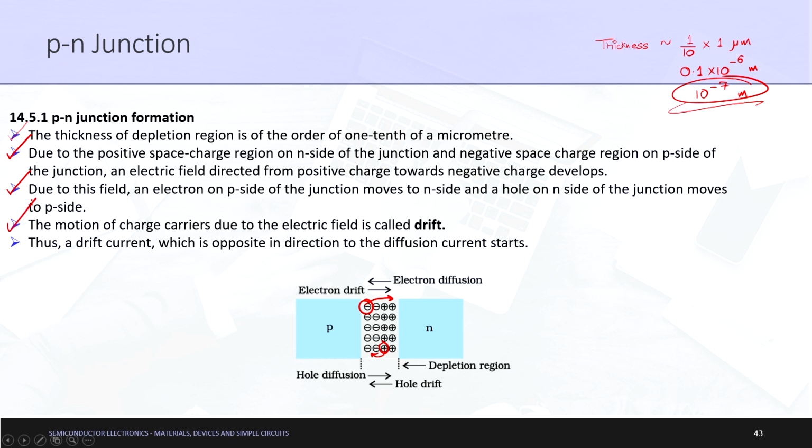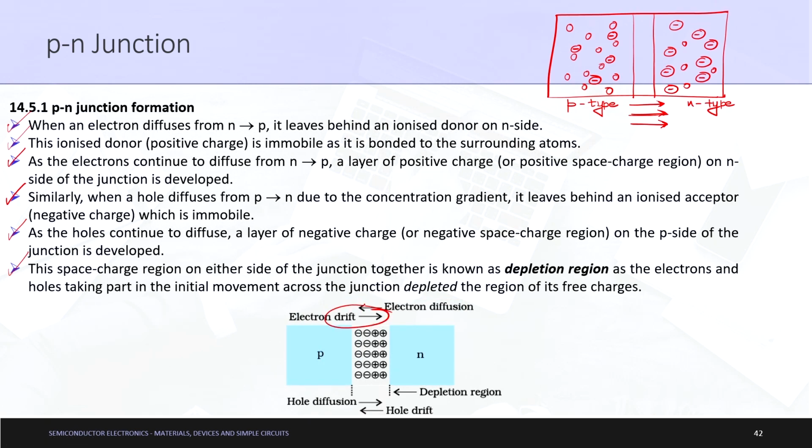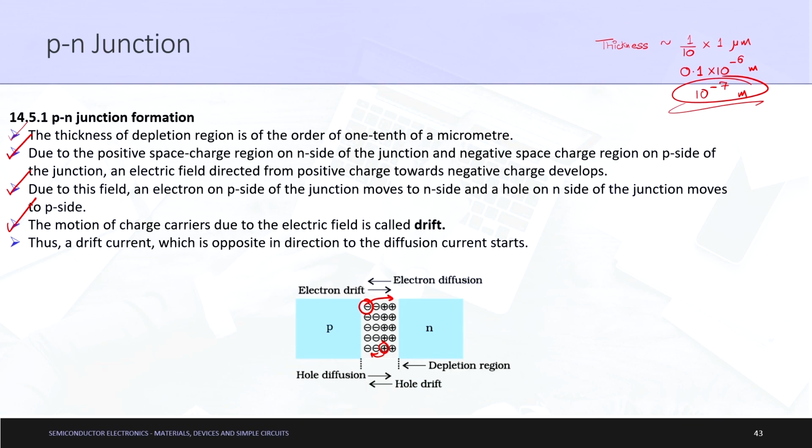So that was the last line which I tried to explain using the drift concept here. The movement of electrons and holes in the depletion region is called drift, and the electron or hole movement which is caused due to the concentration gradient is called diffusion. Fine. So we understood the diffusion also, we understood the drift also.